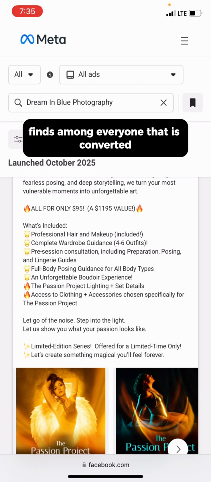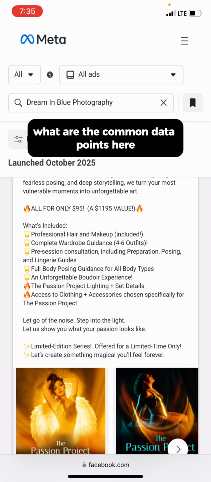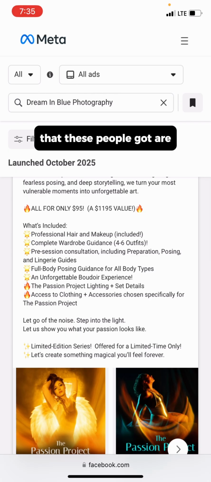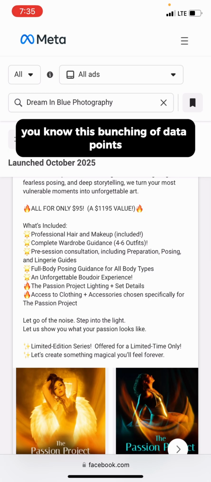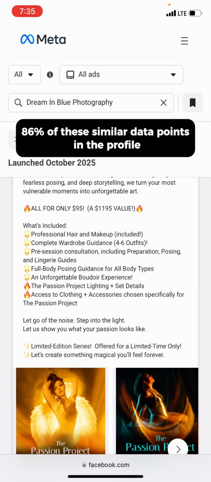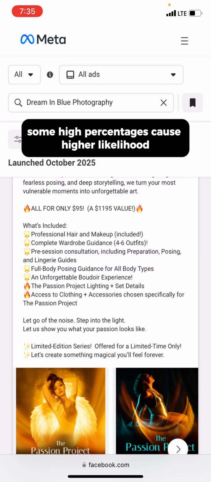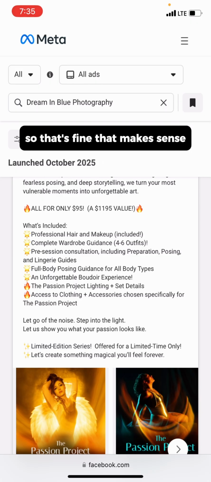It finds among everyone who converted the common data points these people share, 96% the same, this bunching of data points, these attributes. Then it biases the Meta ad algorithm to go find more Meta profiles that have 86% of these similar data points, or 72% or 94%, some high percentage, because there's a higher likelihood these people will convert. So that makes sense.